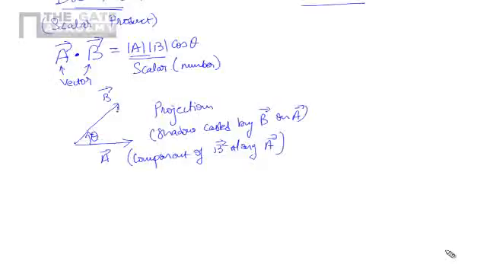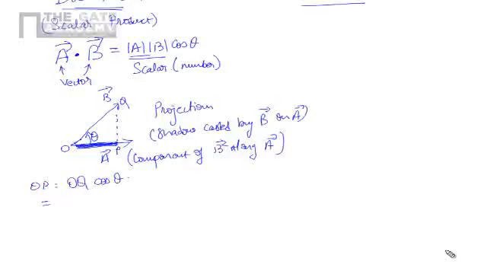Now when I project it, what will I get? I will be getting this. This is the image of B on A vector. Correct? Now how is the dot product going to give me this? What is this distance? By basic trigonometry, if I call this OPQ, OP is nothing but OQ cos theta.